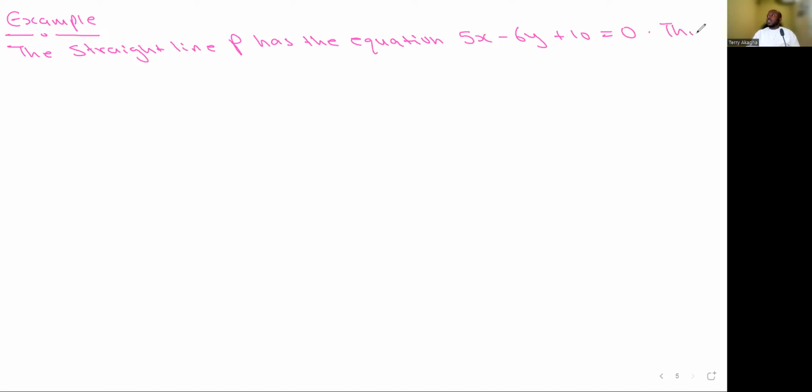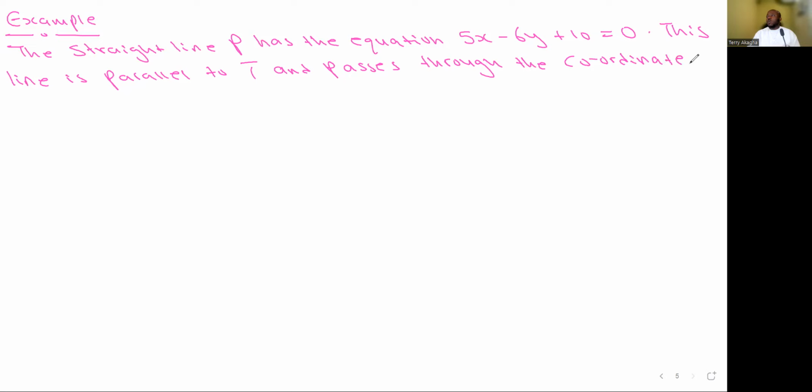We're now told that this line is parallel to T, and passes through the coordinates (6, 3). Now it says you should find the equation of T.